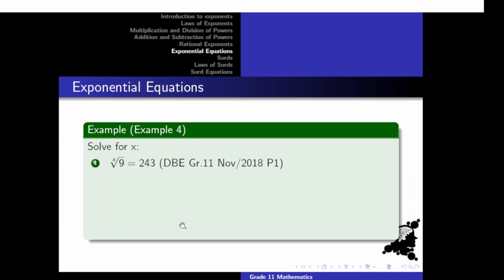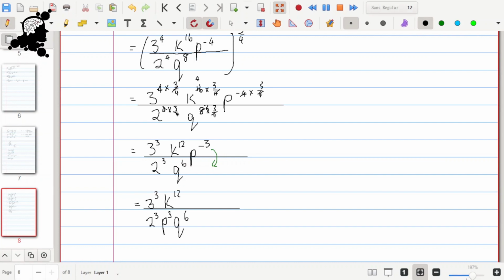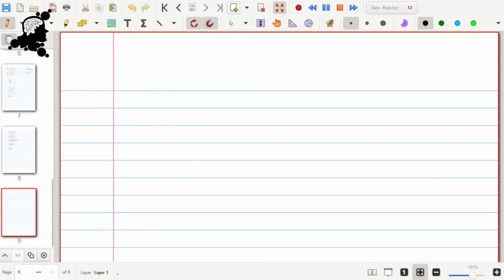We've got the xth root of 9 is equal to 243. Let's go to the writing pad and let's attempt this question. We've got the xth root of 9, which is equal to 243.